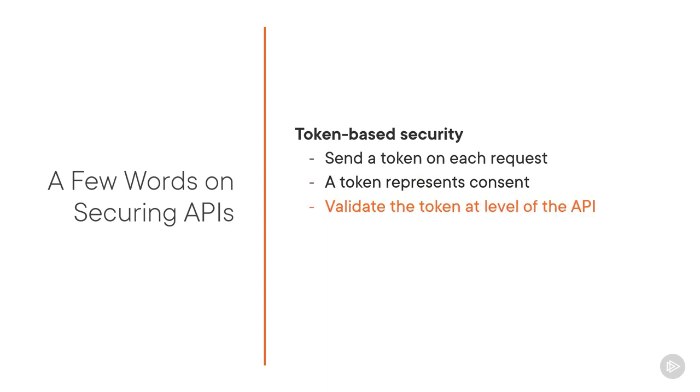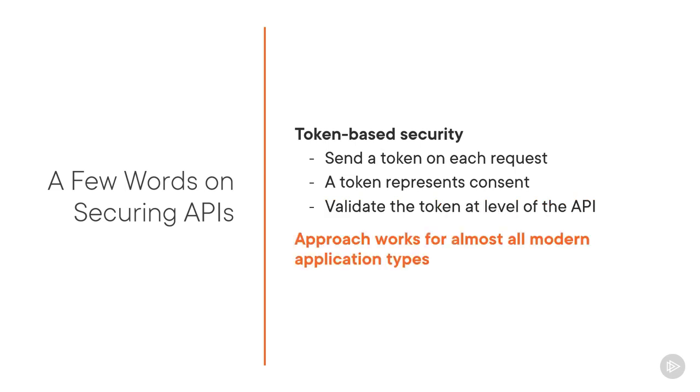That token is then passed on each request to the API and gets validated at that level. That's already a lot better. We're no longer sending the username and password over on each request. We're only sending it once, get a token in return, and on requests after that we send that token to the API. Also, this approach will work for almost all modern application types.